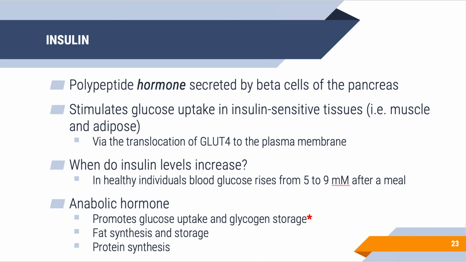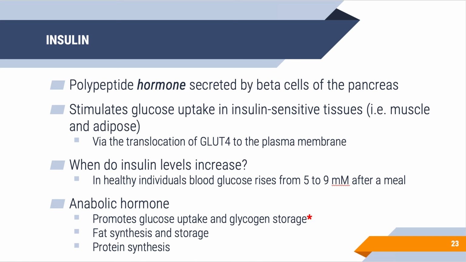What it does is stimulate glucose uptake in insulin-sensitive tissues. We're going to be focusing on skeletal muscle as well as adipose. Glucose uptake occurs through the translocation, or the movement, of the glucose transporter GLUT4 from intracellular sites to the plasma membrane.